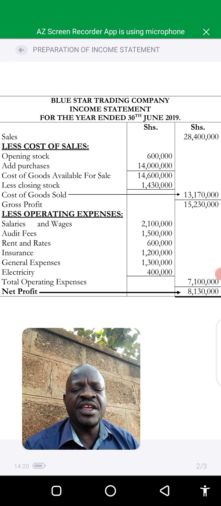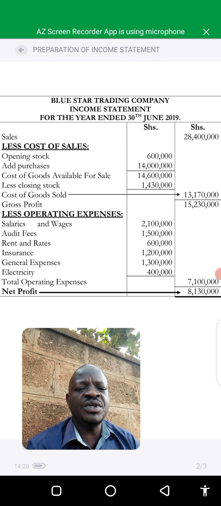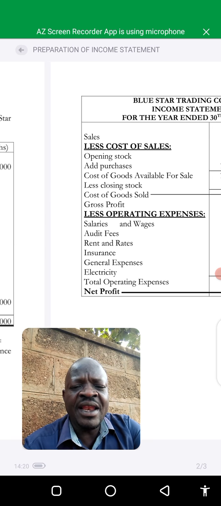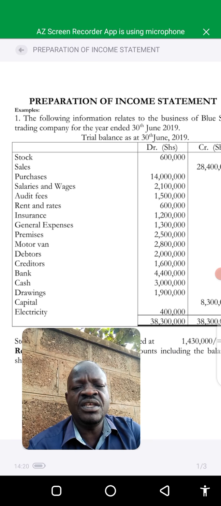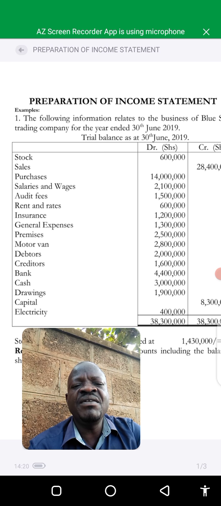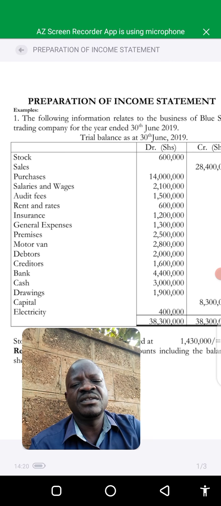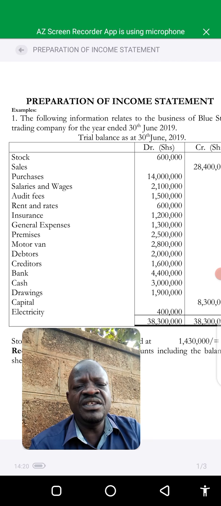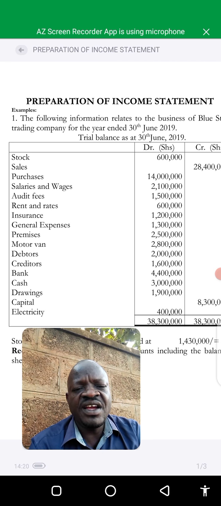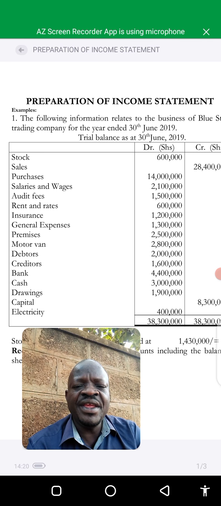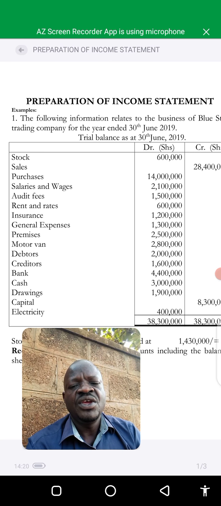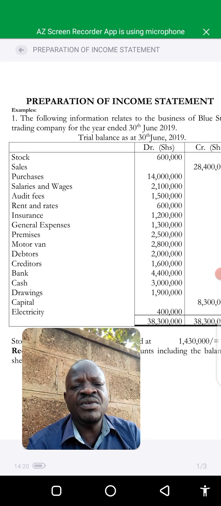Among the operating expenses, we have salaries and wages. From the trial balance, you can see salaries and wages. It is item number 4 of 2,100,000. We have audit fees, 1,500,000. We have rent and rates, 600,000. We have insurance, 1,200,000.